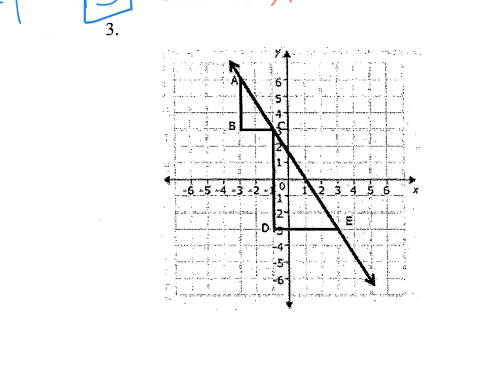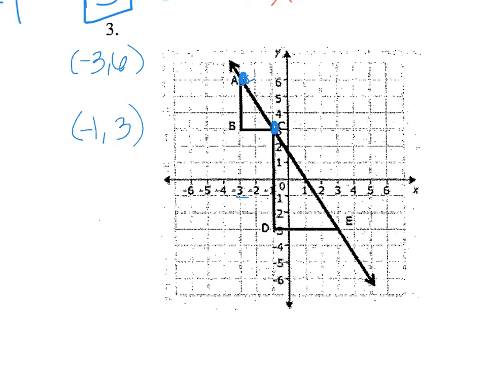On number 3, like I said, let's use the smaller triangle. So there's 2 points here. A is at negative 3 and 6. And C is at negative 1 and 3.